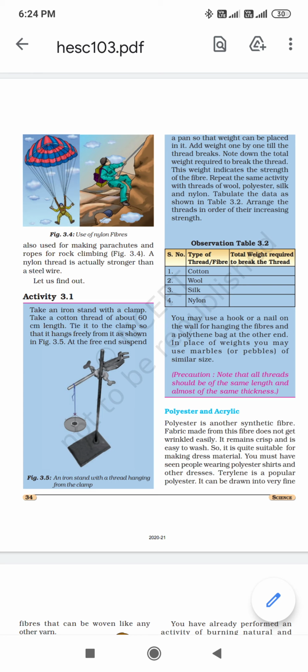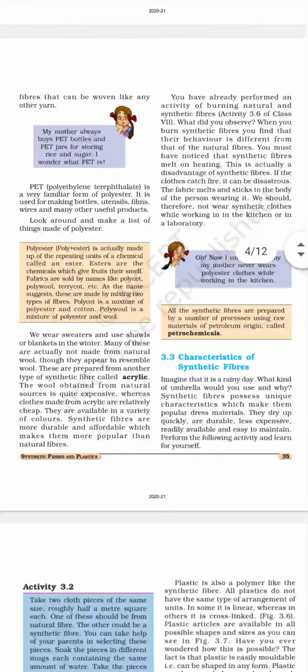Now repeat this activity 2-3 times with different fibers like polyester, silk, wool, etc. And then in table 3.2 you will note down all the observations there. So through this activity you will understand how the strength of synthetic fiber is different from the strength of natural fiber, right?